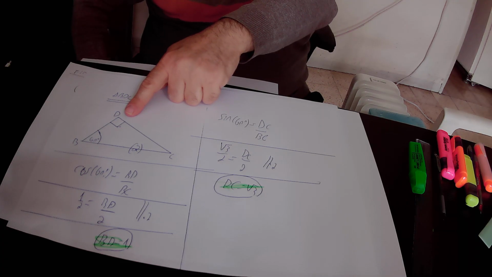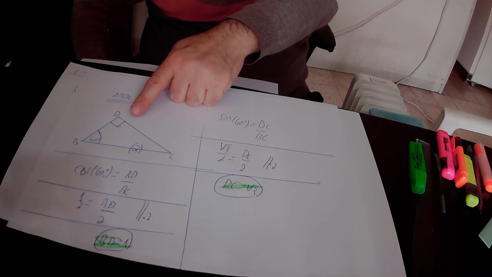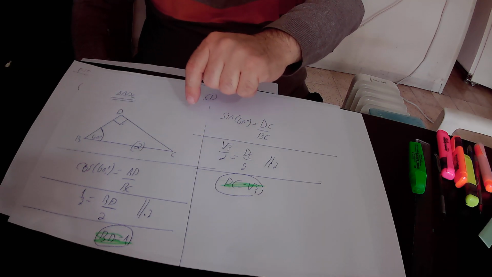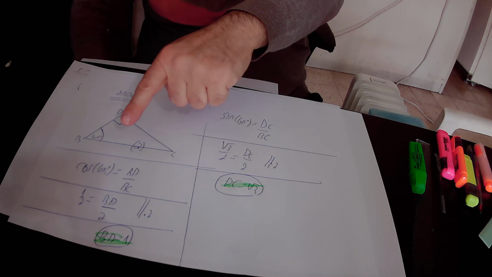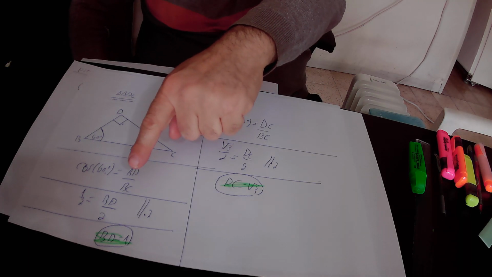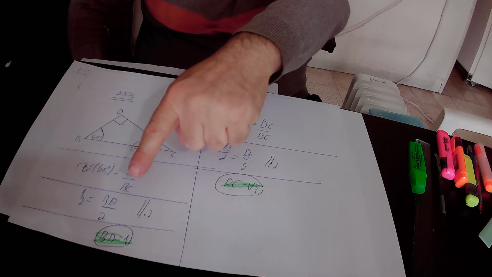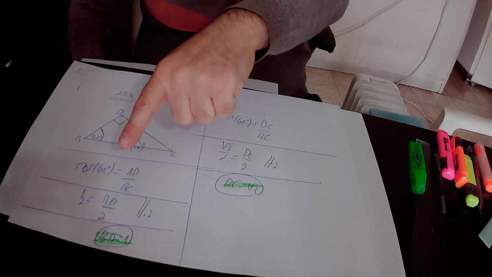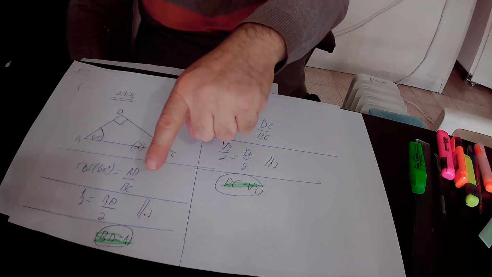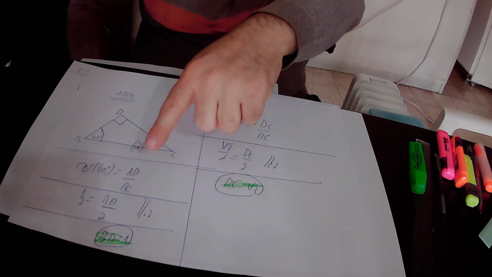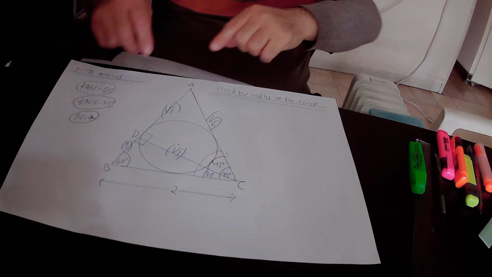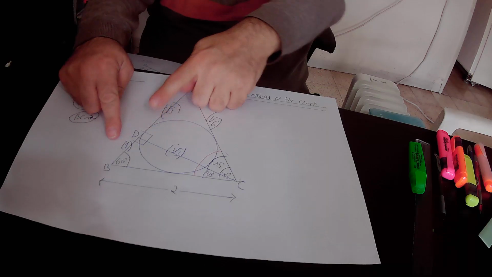So in this right triangle DBC, cosine 60 degrees equals DB over BC. Cosine 60 degrees is 1/2, which equals DB over BC, and BC is 2. So 1/2 equals BD over 2. We multiply this equation by 2 and finally find out that BD equals 1 unit in its length.